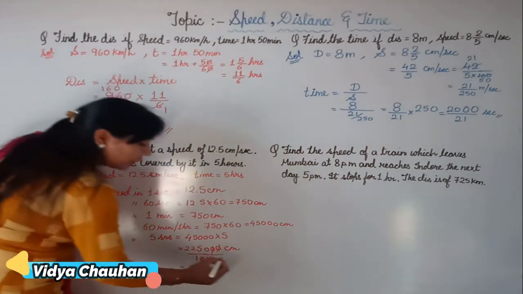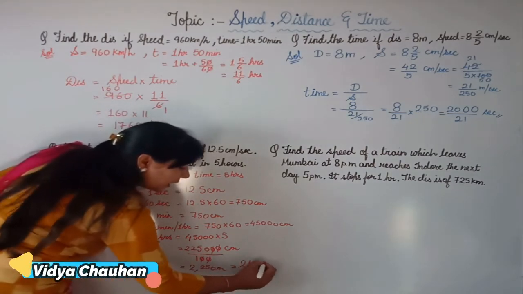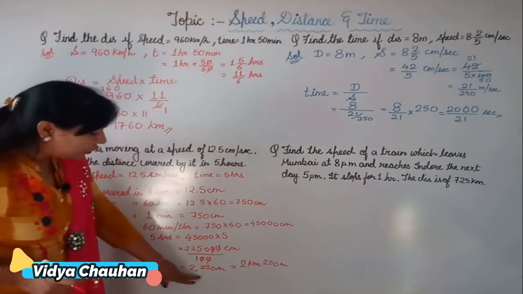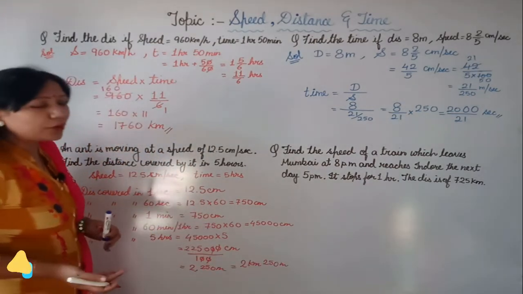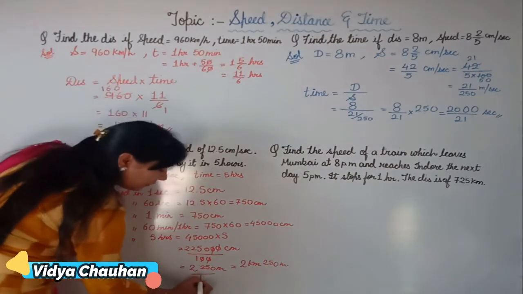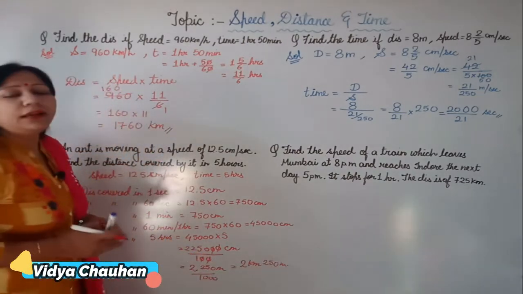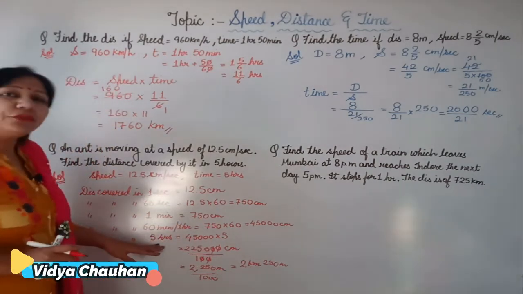Even if you want to convert it into kilometers, that will be 2 kilometers and 250 meters. To convert from meter to kilometer, once again divide the term by 1000. When you divide this term by 1000, you get 2 kilometers and 250 meters. So this is the distance covered by the ant in 5 hours.